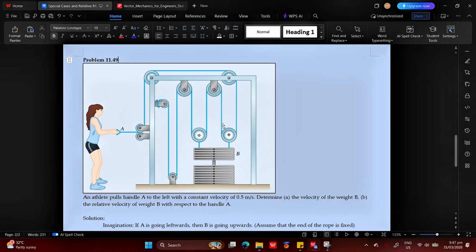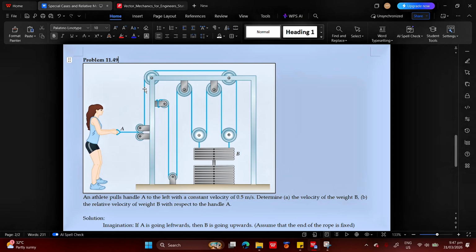If we notice a change in length, we must consider that if B is going upward, the length of this rope is changing, also this one, and this one is changing. And they are very important. But for this one here, ignore them because they will still remain constant even if A and B are moving.